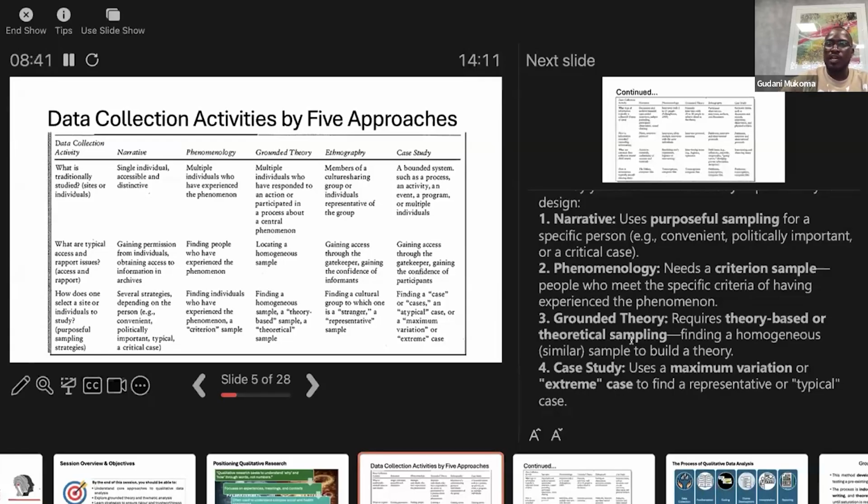So I won't waste much time in talking about this because it's more of a recap. So here I have a table that actually shares how each specific research design, qualitative design, would require a specific sample and the kind of data you'll be able to collect while using that specific design.